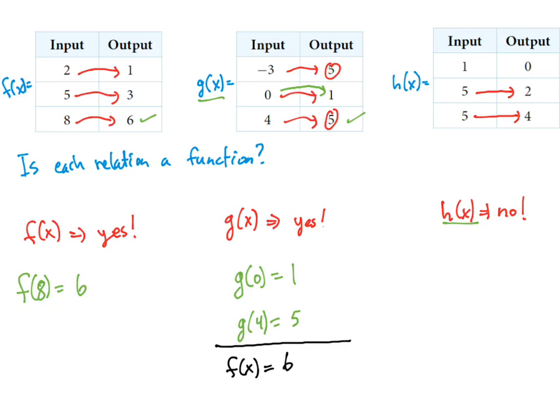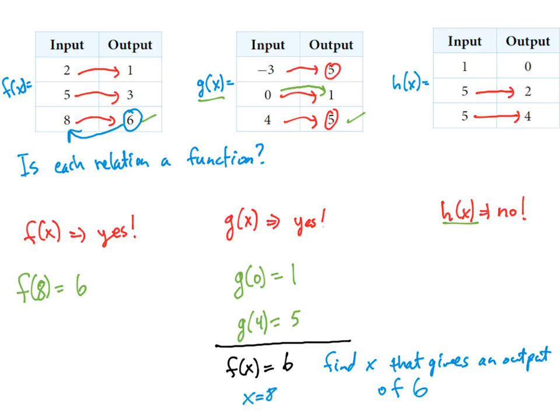What this is saying is find x that gives an output of 6. So the input that gives 6 is 8. So we'd say x is equal to 8 in this situation. So it's kind of like going backwards.